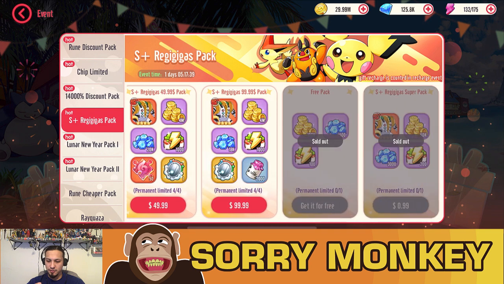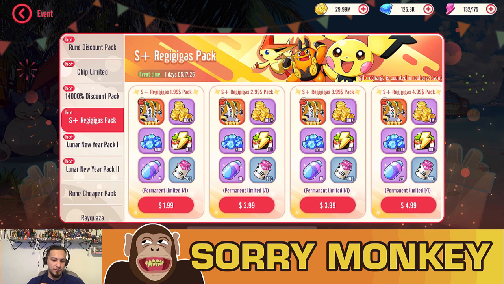Regigigas here. Yeah, I bought the dollar one. And here we go. 500 gems, 100,000 gold, and 100 energy. And let's see, the event time has 1 day and 5 hours left. Once that's done, I'm pretty sure they're going to replace it with a new purchase event or whatever, and it's gonna be another crazy purchase event.